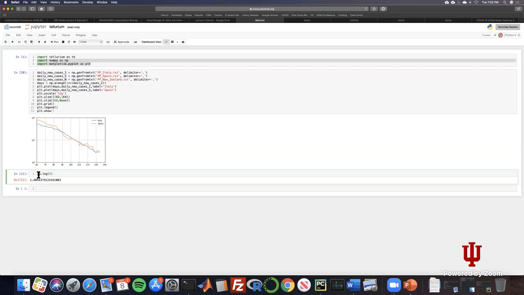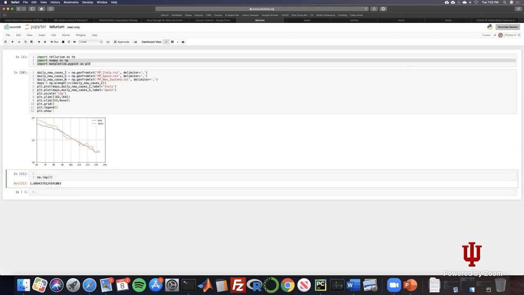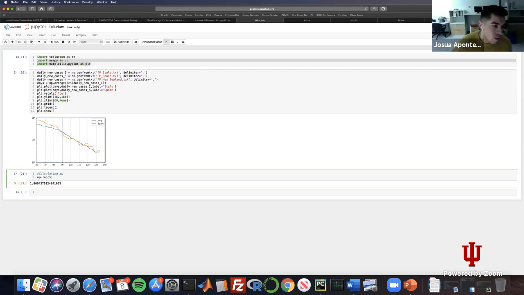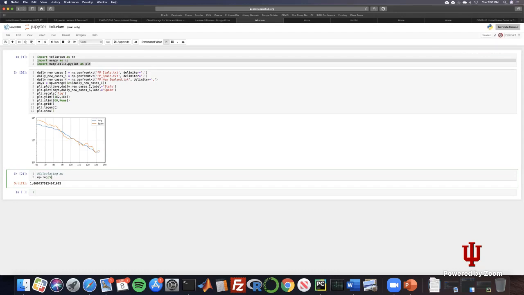Mu equals log 5 over 40. Spain, mu equals log 8 over 40. So I need those two. Log 5 over 40 is what? You want the log of 5 over 40 or the log of log of 5? Log of 5 divided by 40.